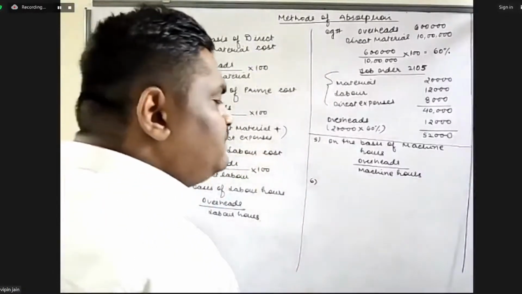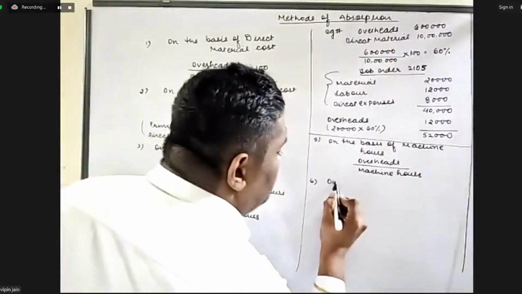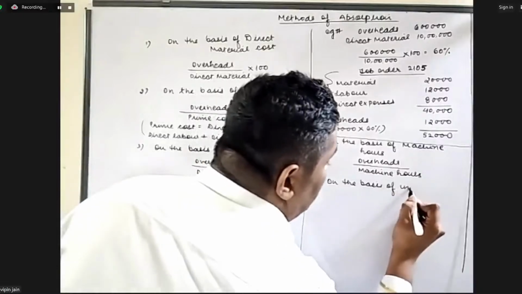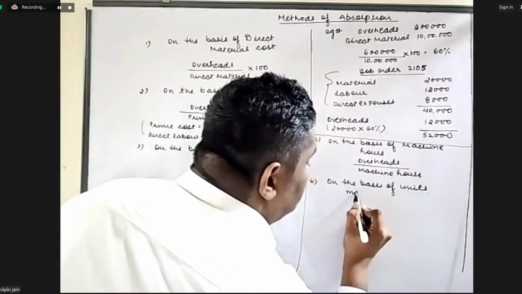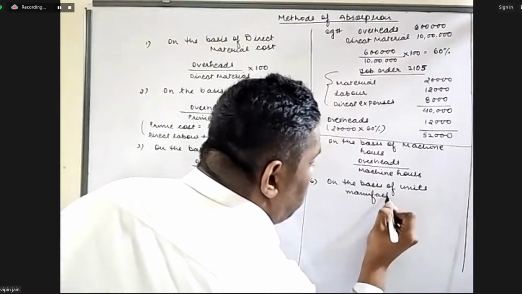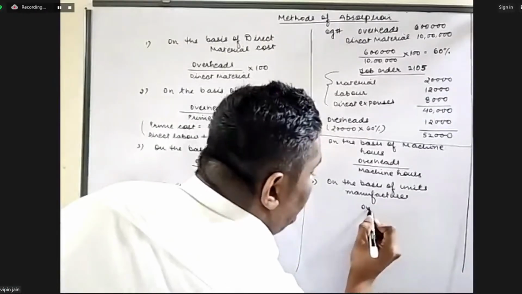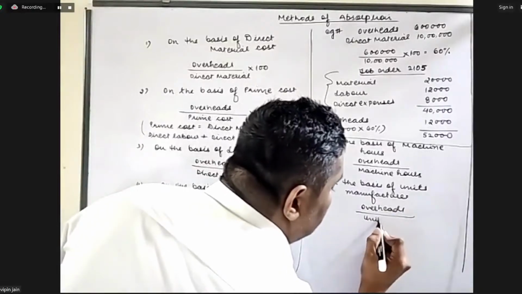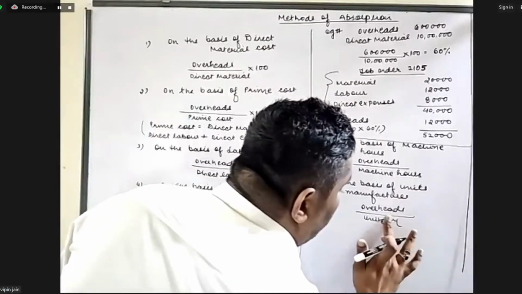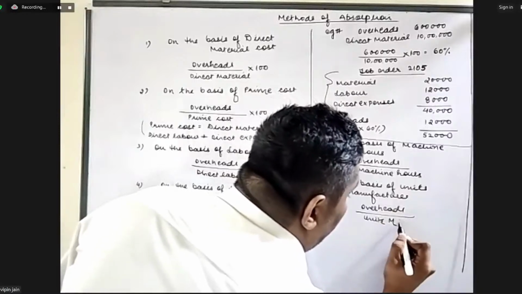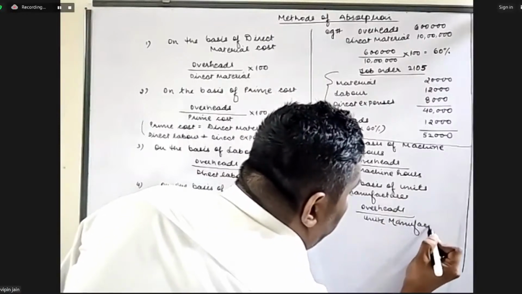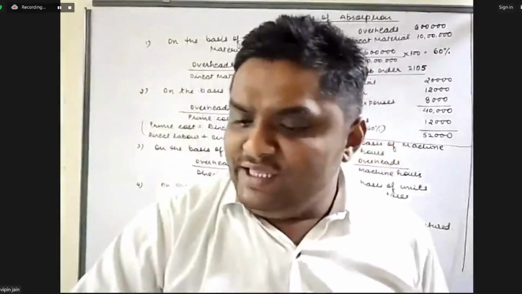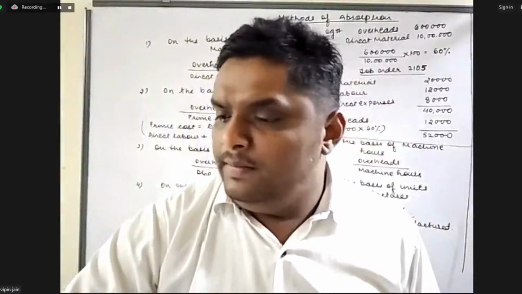Further, it can be absorbed on the basis of units manufactured. So on the basis of units manufactured, that is overheads divided by units. So these are the various methods for absorption of overhead.